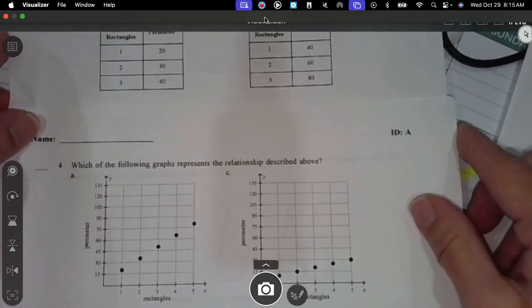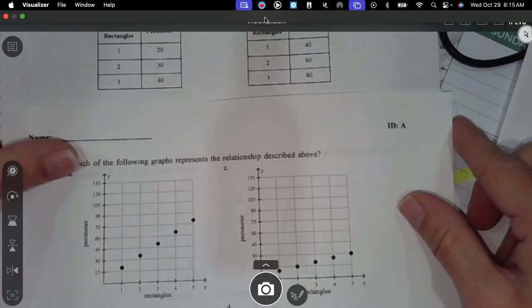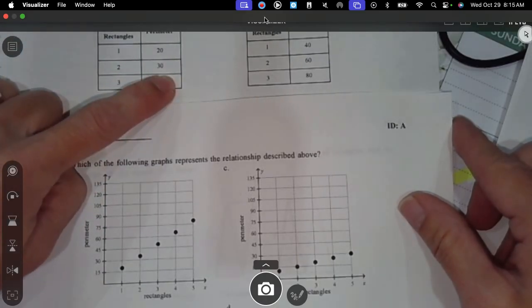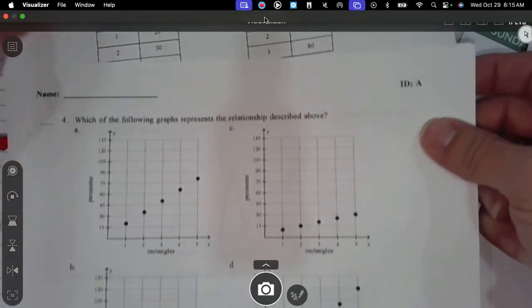What graph matches this table? So I'm still going by what I just found. I would go over 1 and up 20, over 2 and up 30, over 3 and up 40. So let's do that. Let's see if we can find over 1 and up 20.